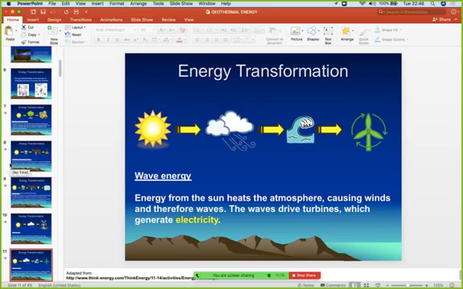So we go to another energy, which is the wave energy. Now, I think you have seen this kind of tidal wave, no, or ocean wave that also drives the turbine. No? So energy from the sun hits the atmosphere, causing winds and therefore waves. The waves drive turbines, which generate electricity.